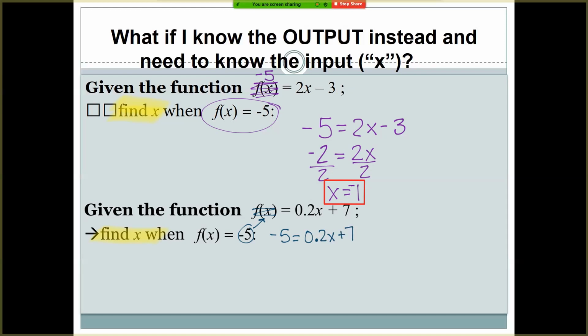Subtract 7 from both sides, so -12 equals 0.2x. Divide both sides by 0.2 to get x equals negative 60.